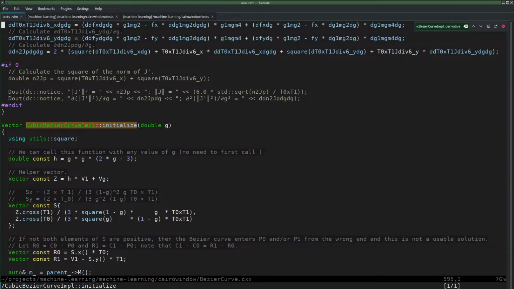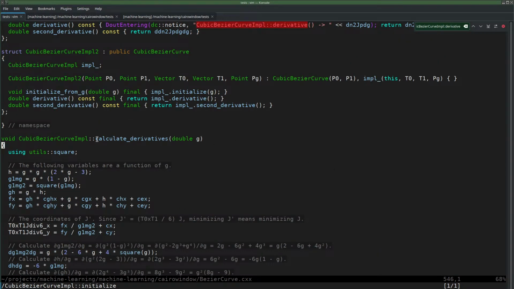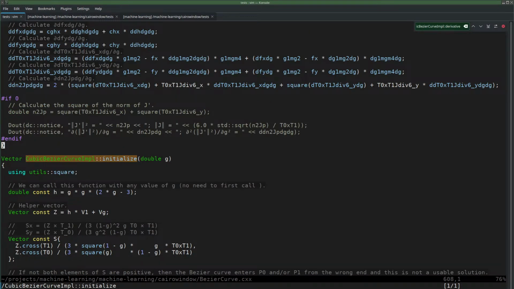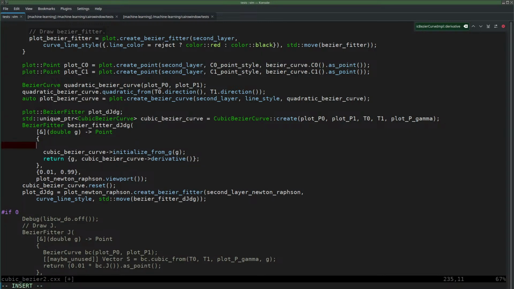It just initializes the Bezier curve, but not this. You have to calculate the derivatives. So just some missing initialization.